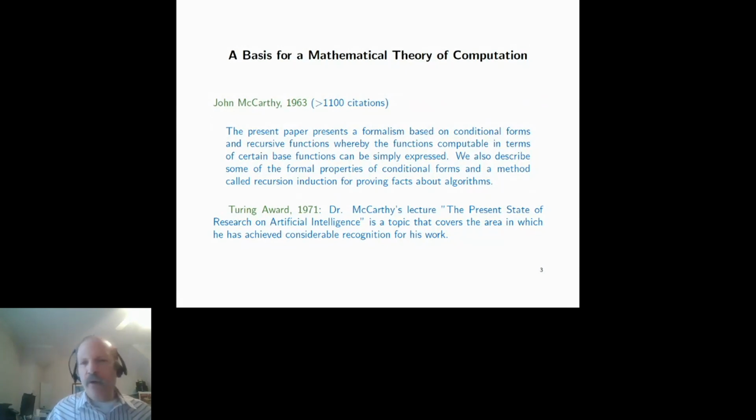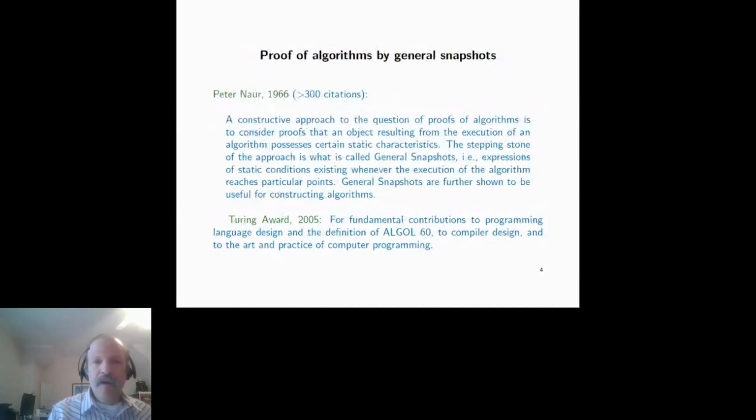When it came to receiving the Turing Award, this work was not mentioned. It was mentioned only for his contribution to artificial intelligence. Then we jump a few years and we find Peter Naur, another Turing Award winner, who described a proof of an algorithm, not a program, by general snapshots.